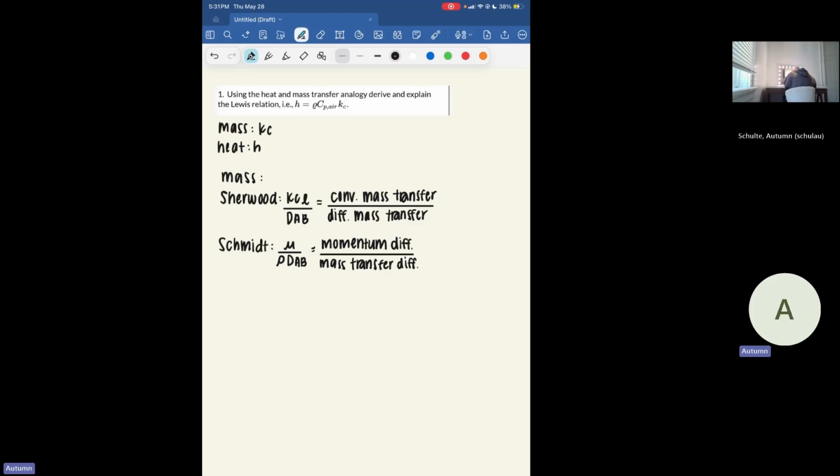Now for heat transfer, we also have two dimensionless numbers, and those are the Nusselt number and the Prandtl number.